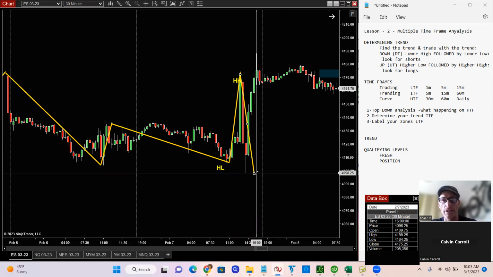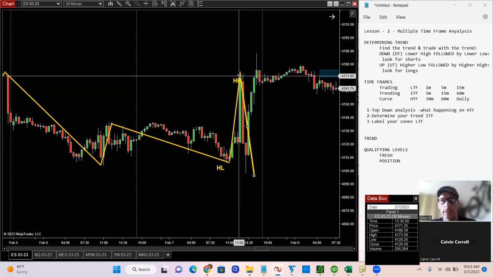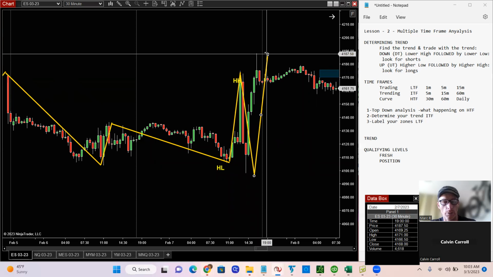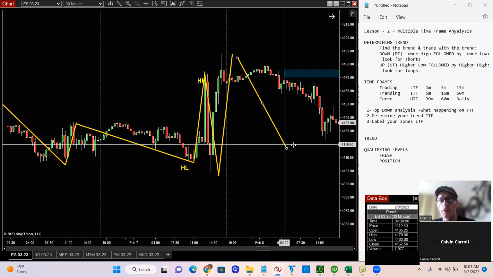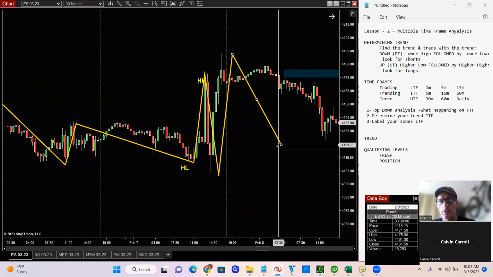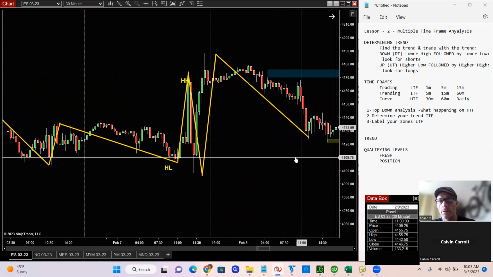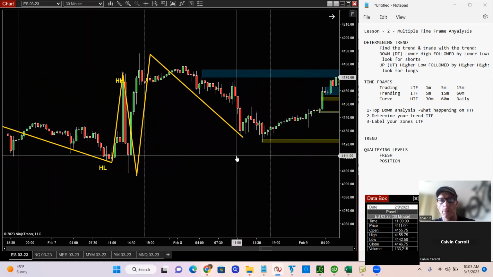Uptrend is broken, downtrend is not confirmed, because for a downtrend to be confirmed, you need a lower high and a lower low. So we'll go back here. We're high again. We're here. Where does it take us? Takes us here, here we go.